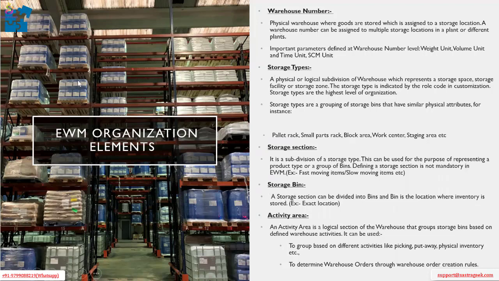Like you can see this in the background. This is a kind of high rack storage type in a warehouse where certain materials have been stored. You can see there are materials with IBCs with liquids, and there are materials in drums which are stored here.